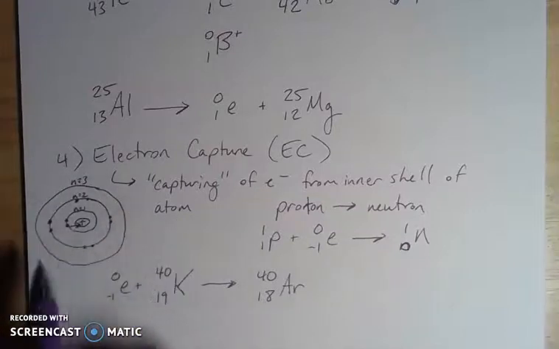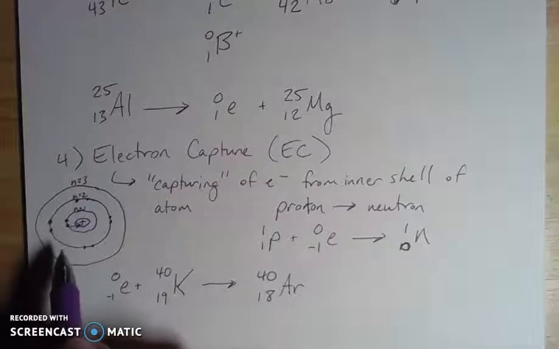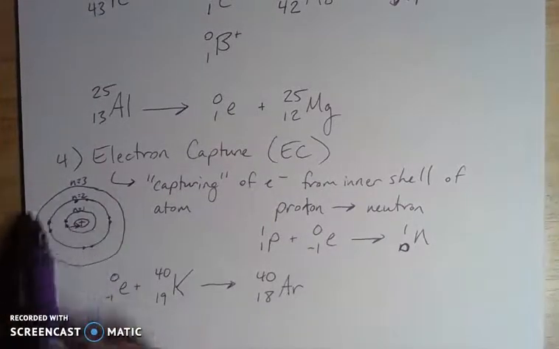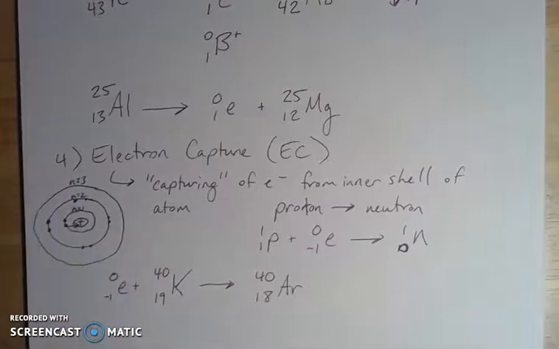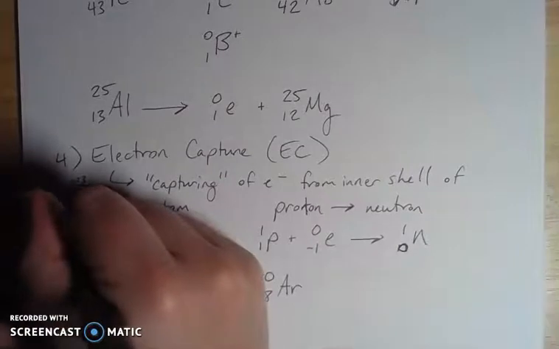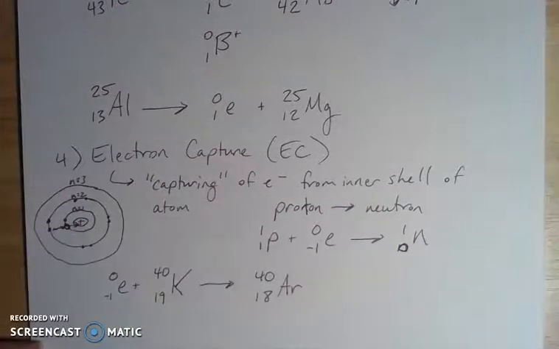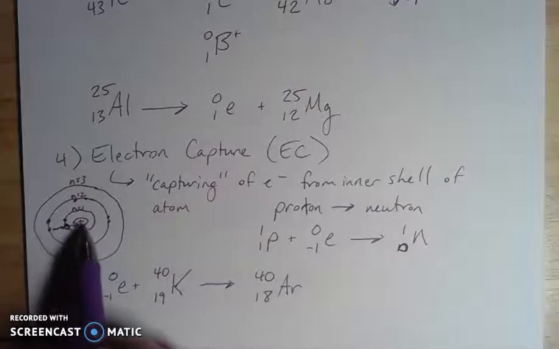Well, there's a void then. There should be an electron here. There isn't an electron here. So now these outer shell electrons, these upper shell higher energy electrons, are all going to rearrange. They're going to relax down into the place of that electron, the void where the electron got sucked into the nucleus.